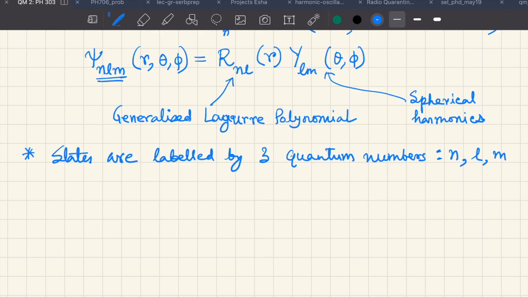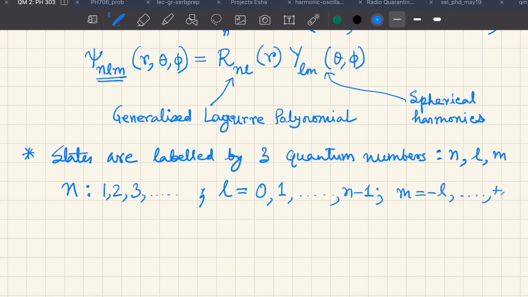And these take integer values in the following range. So n can take positive integer values 1, 2, 3, like this in integer steps. L can take values from 0 till the n minus 1th value, and m can take values from minus L to plus L.